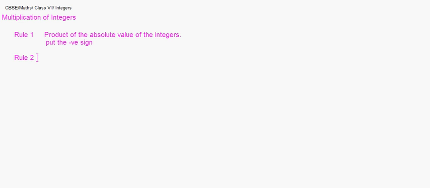Rule 2 says, when you are multiplying two integers with like signs, that means with the same symbols, you simply multiply the numbers and give a plus sign to it.